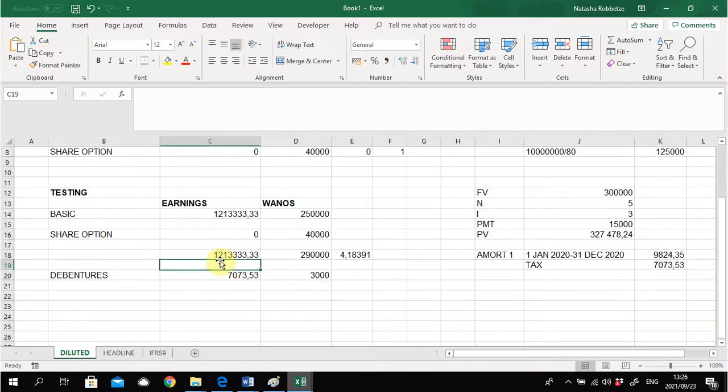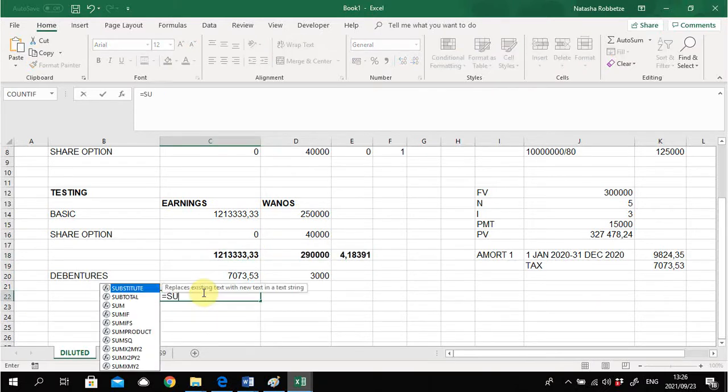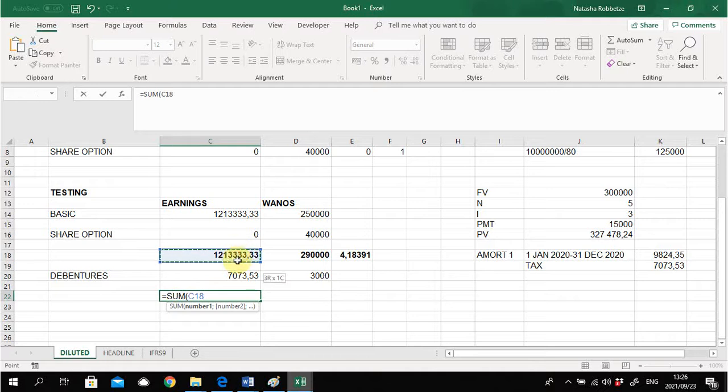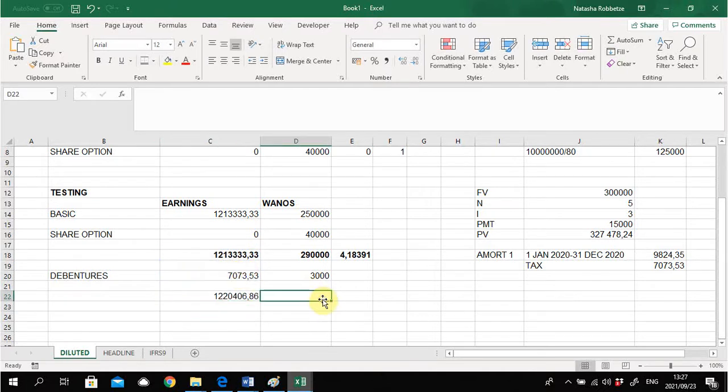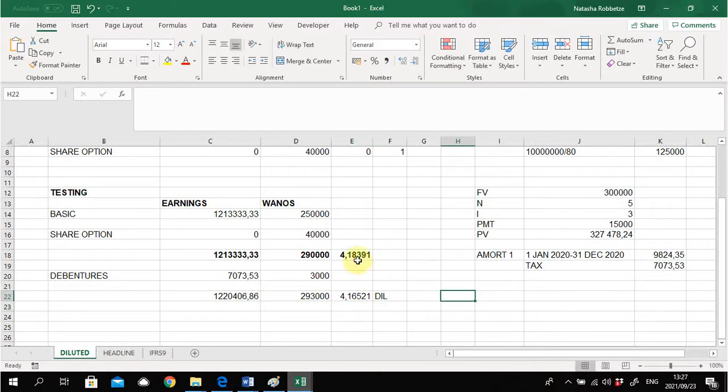And again, I am just going to calculate a rollover total, and calculate the division, earnings divided by weighted number of shares. And this is then dilutive, because you can see it's going down: 4.18, now it's 4.16.